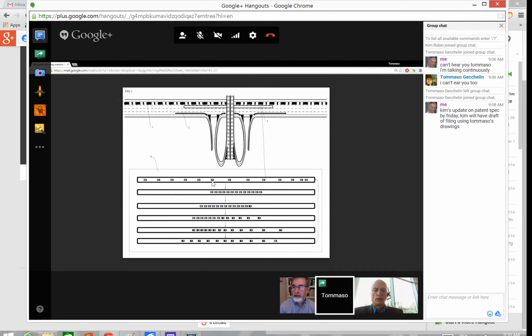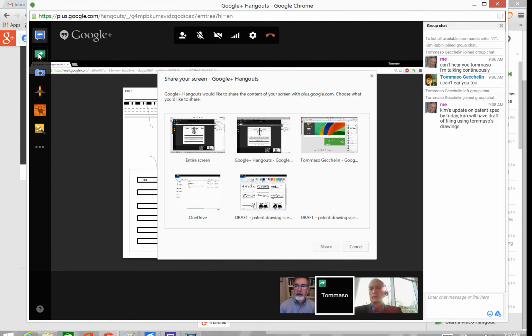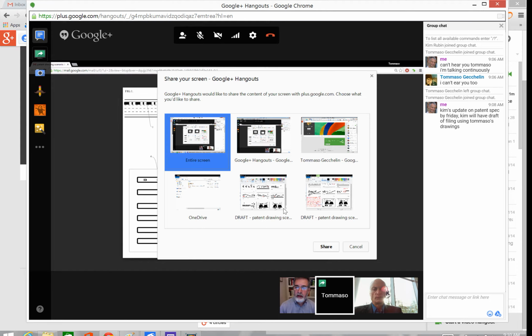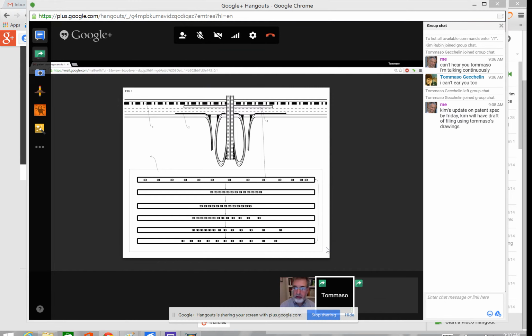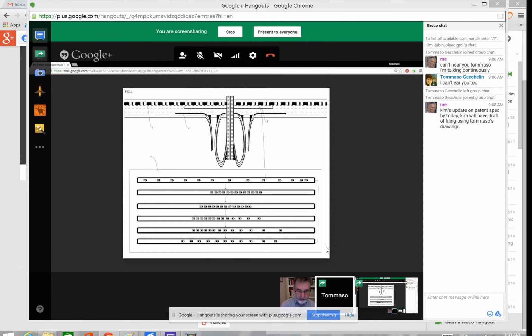No. If you want, you can screen share your entire screen, and then I will see it. Right. Thank you. If you open the drawing on your computer and not using the screen share, it's better. Then you can see my cursor. Can you see my cursor now? I'm sliding the cursor along the top. Yes, I can see it.